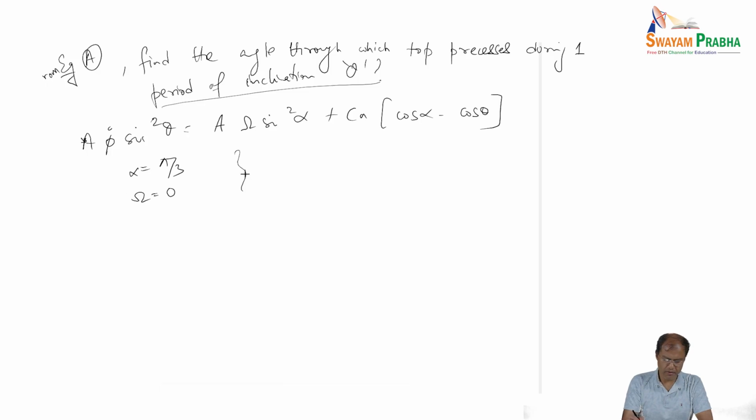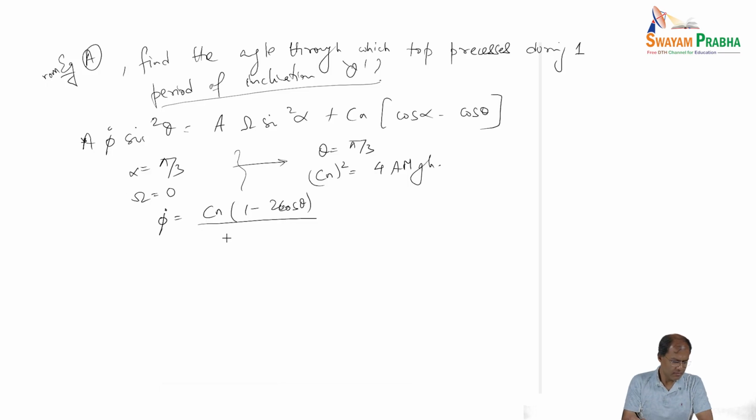The top is released from rest, so theta is equal to pi by 3 and cn square is equal to 4amgh. If that is the case, then we see that phi dot is cn times 1 minus 2 cos theta by 2a sine square theta.